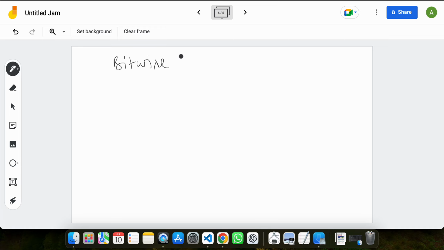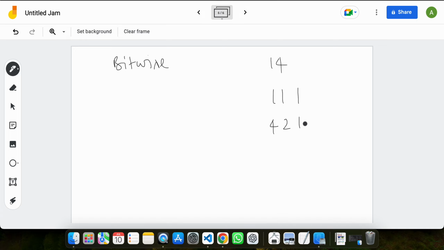Bitwise approach, how? Suppose any number is given, for example 14. In how many bits can we represent it? We can represent it in bits like this: 1 1 1 1. This bit stands for 1, 2, 4.